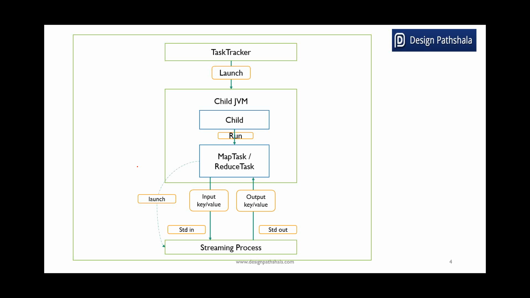The data coming out of the streaming process would then be passed over to a sort and shuffle phase, and the sort and shuffle phase will pass it to the reducer at the other data node, and that reducer will pass it to the reducer streaming process, and the output from the reducer streaming process would be passed on to the reducer, and that reducer will write your output to the corresponding HDFS files.